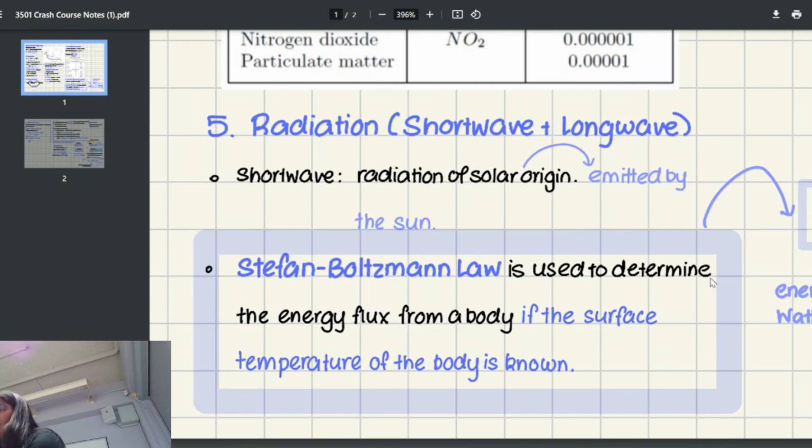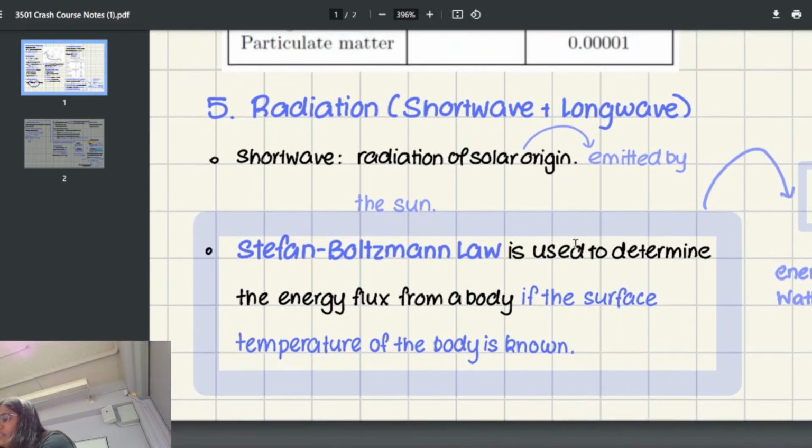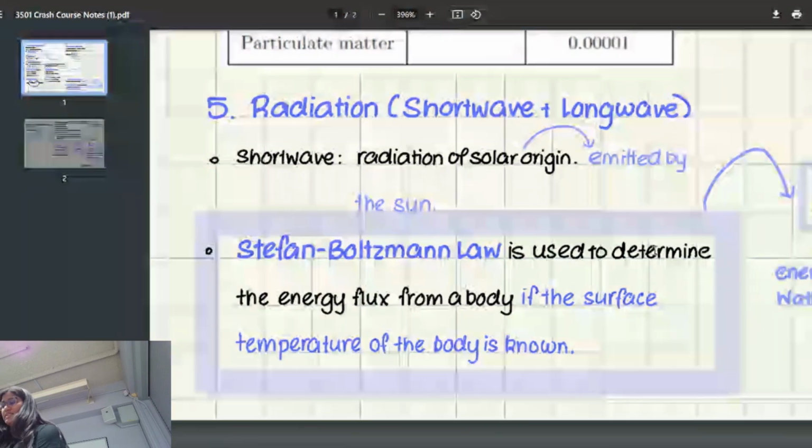The formula that we use to demonstrate this whole concept is called the Stefan-Boltzmann law, and is used to determine the energy flux or energy flow from a body if the surface temperature of the body is known. One important thing to know if you take anything away from that formula is that you have to have the temperature of your surface to use it.